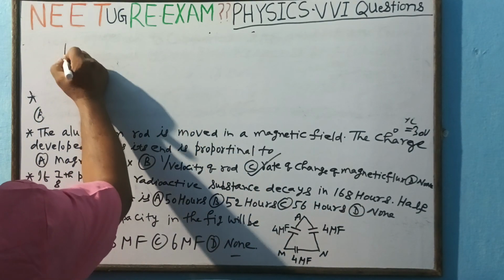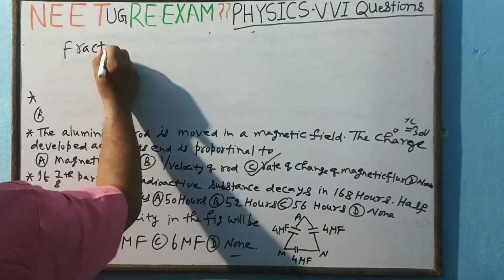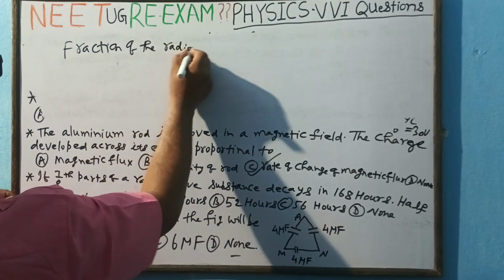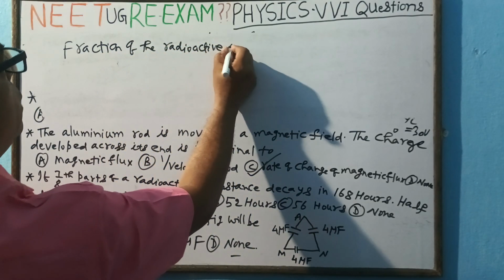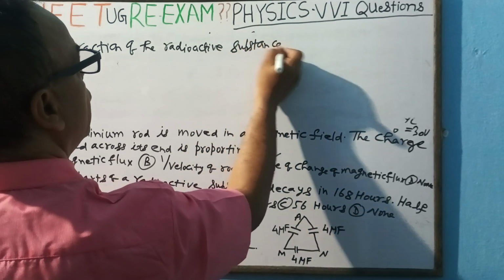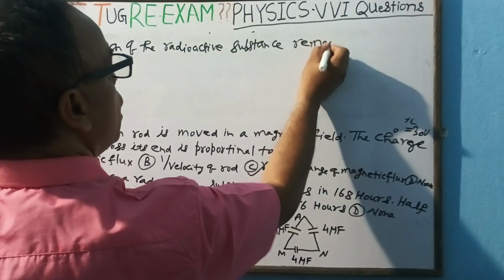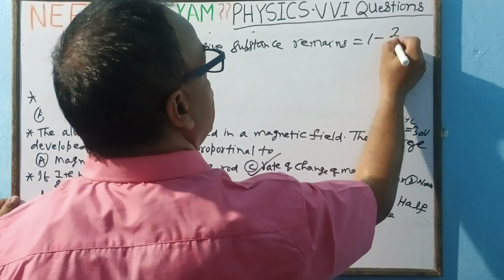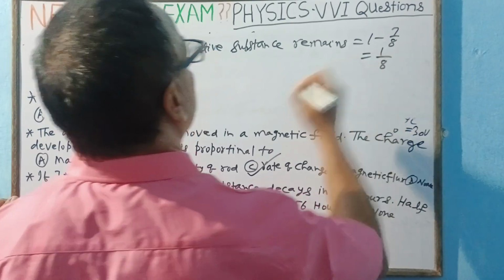Here we see the fraction of the radioactive substance that remains will be 1 minus 7 by 8, that is 1 by 8.